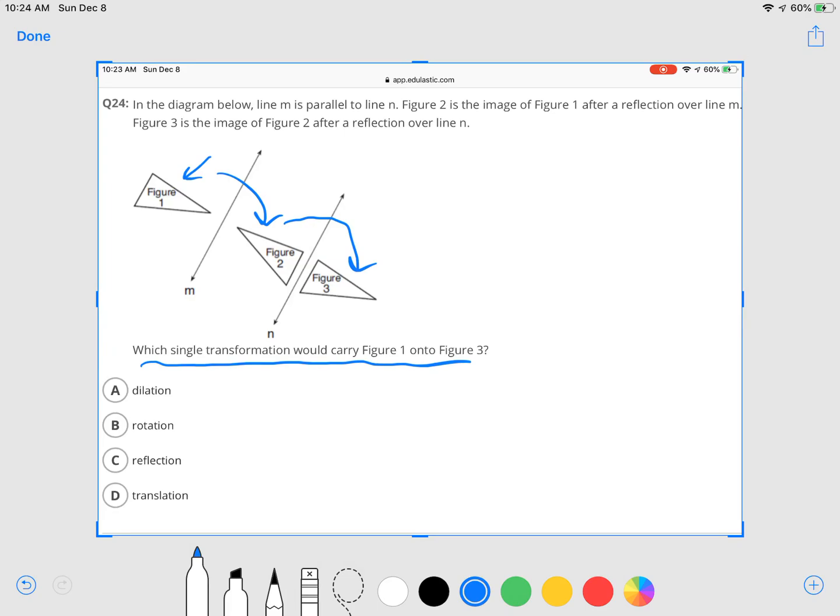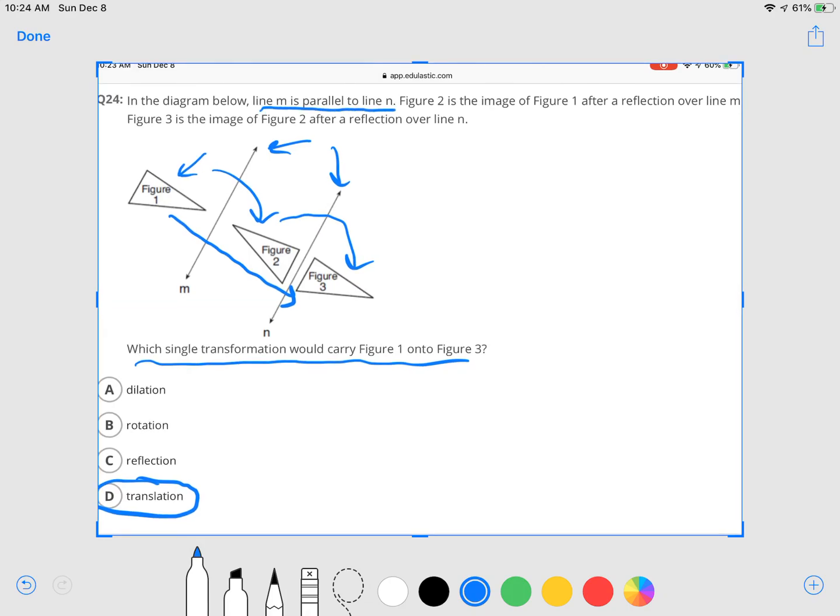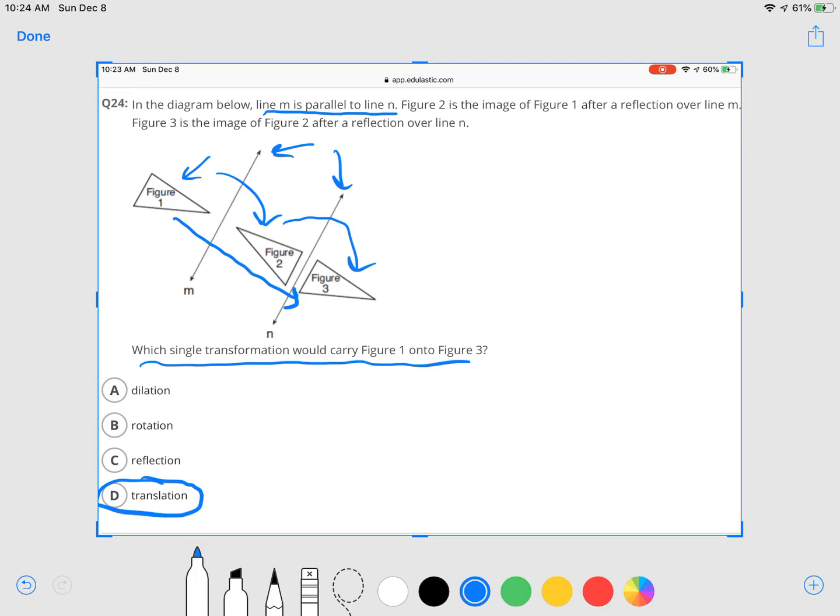And the answer is yes, we could have just translated. Okay. So we could have just moved this figure across all the way over there. The key here is that the lines had to be parallel for that to happen, and they mentioned that at the top. If they weren't parallel, then it wouldn't work.